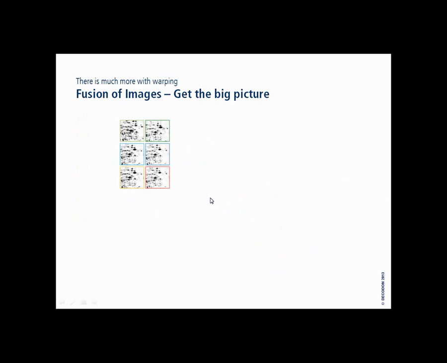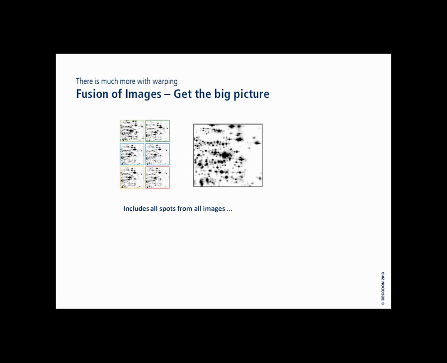Image fusion is something very useful. We have introduced this to create one image which includes all the spots. As you can see now, if you fuse the images, we get a resulting image where all the spots are collected from all the original images, and from whichever image they come, they appear together here, even if the proteins would never appear at the same time in the organism you study.